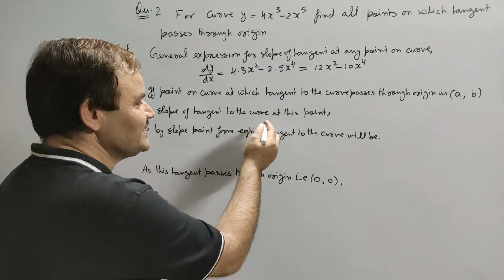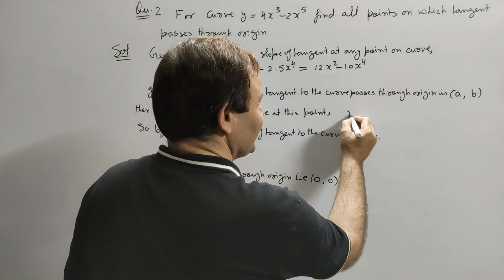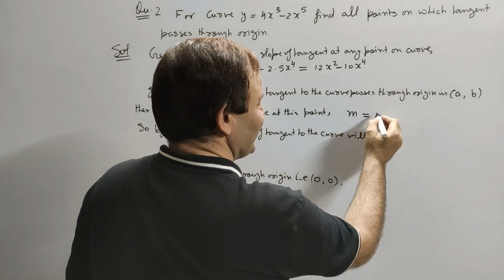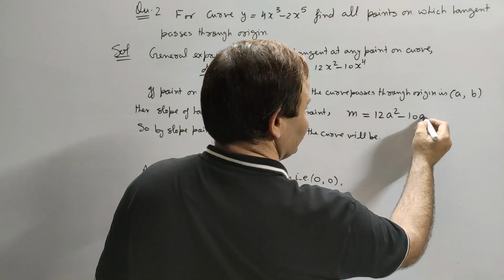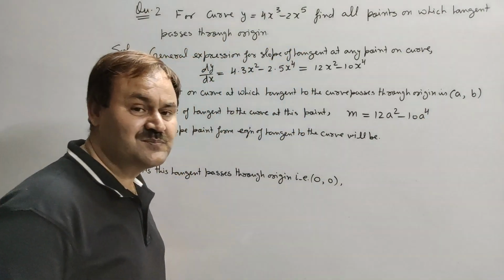So slope of tangent to the curve at this point, m, will be 12a square minus 10a raised to the power 4.